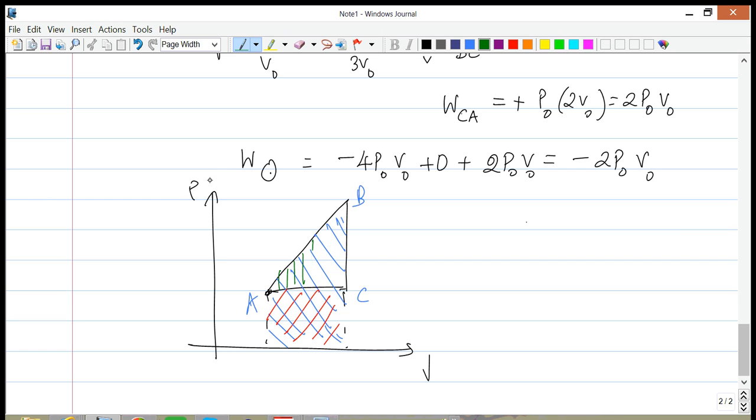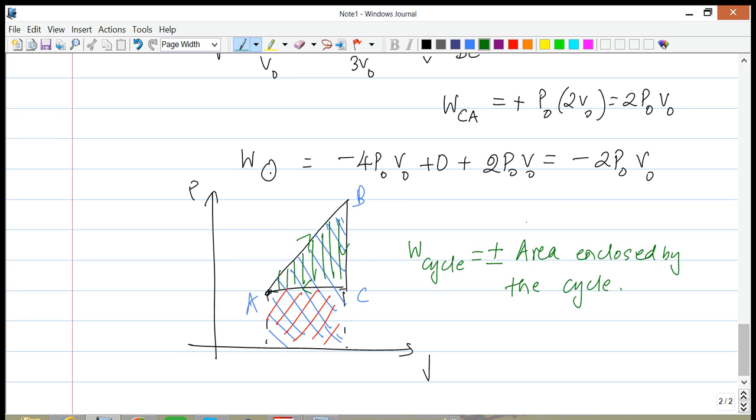Vertical lines will be the green area, and that is simply the area enclosed by this curve. So the work done for a cycle is equal to plus or minus the area enclosed by the cycle.